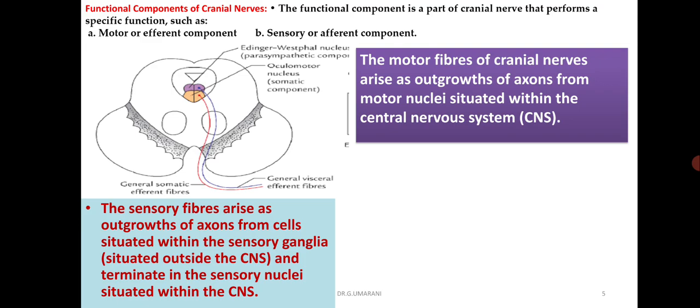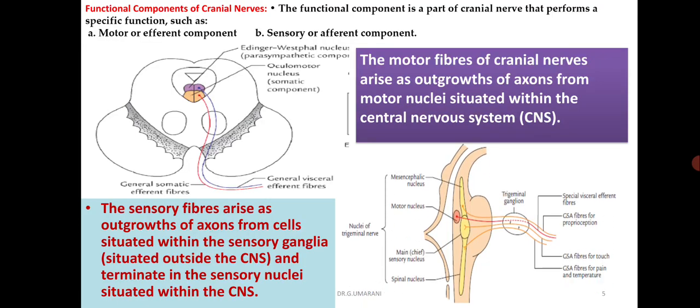For example, in this image, the trigeminal ganglion is situated outside the CNS. From here, the fibers terminate in the sensory nuclei: the mesencephalic nucleus, the main chief sensory nucleus, and the spinal nucleus of the trigeminal nerve. So this is the basic difference between motor and sensory fibers.